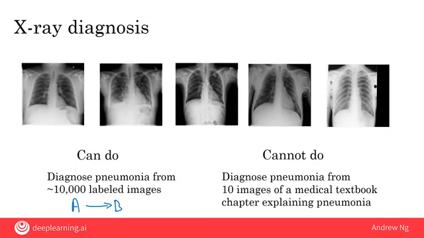But I actually don't know, given a medical textbook, what is A and what is B, or how to really pose this as an AI problem to know how to write a piece of software to solve if all you have is just 10 images and a few paragraphs of text that explain what pneumonia in a chest X-ray looks like. Whereas a young medical doctor might learn quite well reading a medical textbook and just looking at maybe dozens of images. In contrast, an AI system isn't really able to do that today.